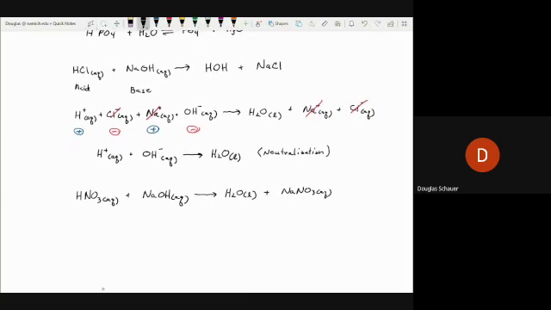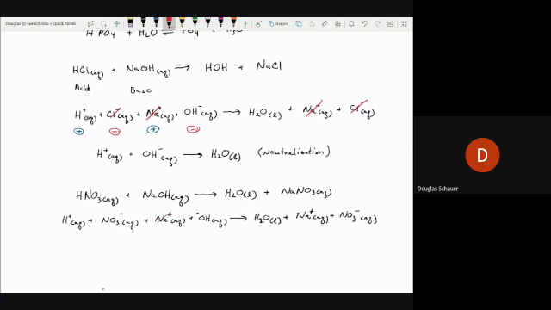Okay, when we draw this out as our net ionic equation, or I should say the ionic equation as we approach the net ionic equation, we get protons and nitrate plus sodium cations plus hydroxide anions yielding water, which again does not dissociate to a very great degree in water, plus sodium cations plus nitrate.